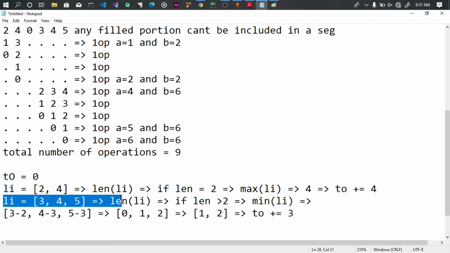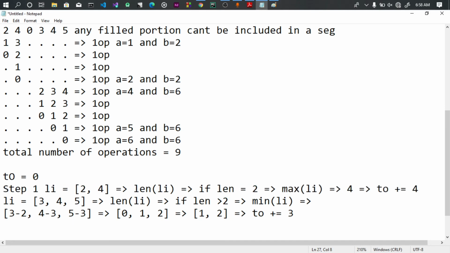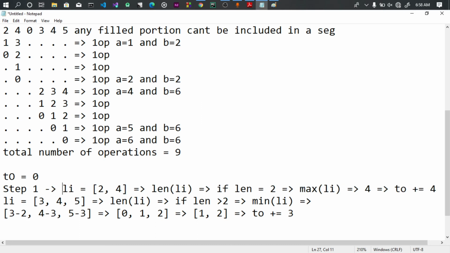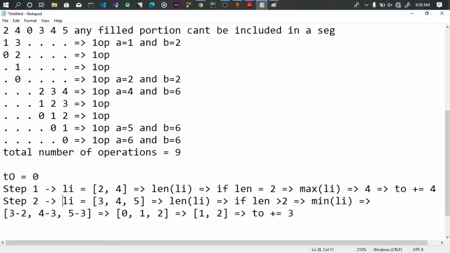That is with respect to our step 1. With respect to step 1, which will be here, we'll find out that the maximum will be 3. So this is step 2.